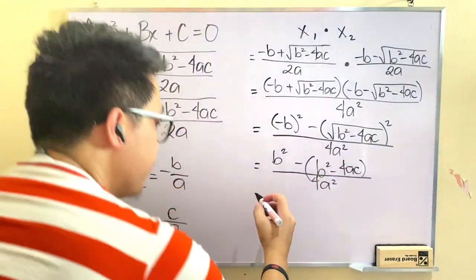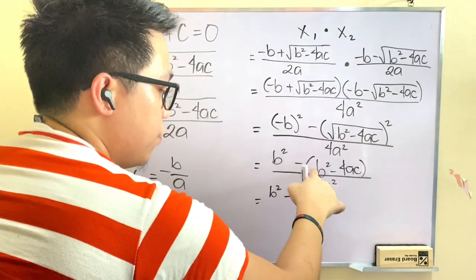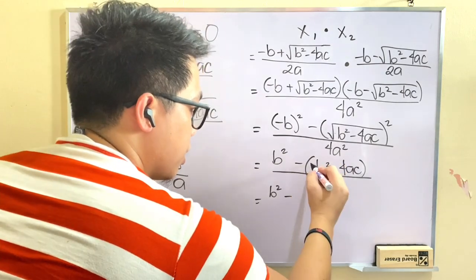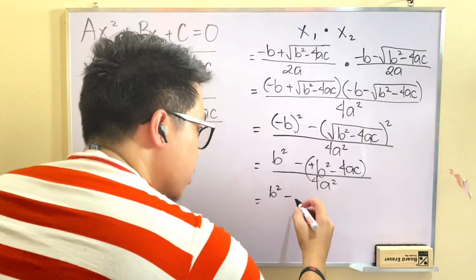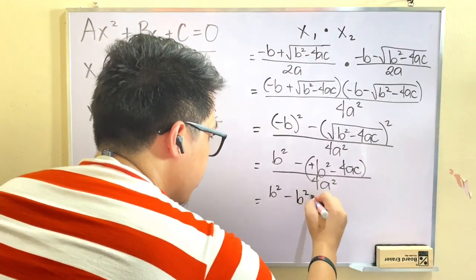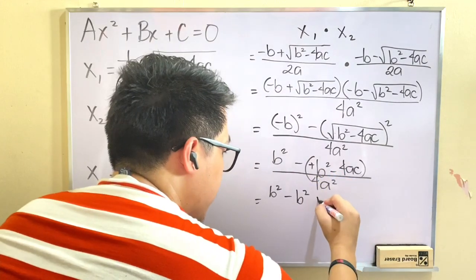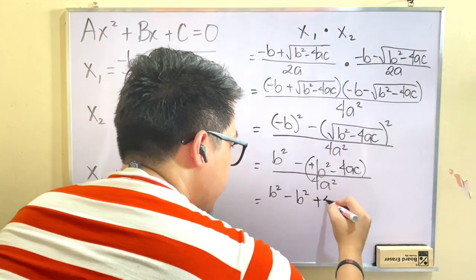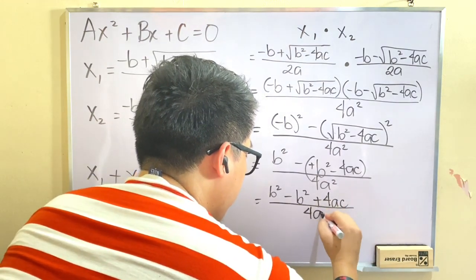Paano gagawin natin? B squared minus negative times positive, which is the sign of b squared. Di lang natin nakikita. Negative times positive is negative. So, negative b squared or minus b squared. Negative times negative is positive. So, positive 4ac divided by 4a squared.